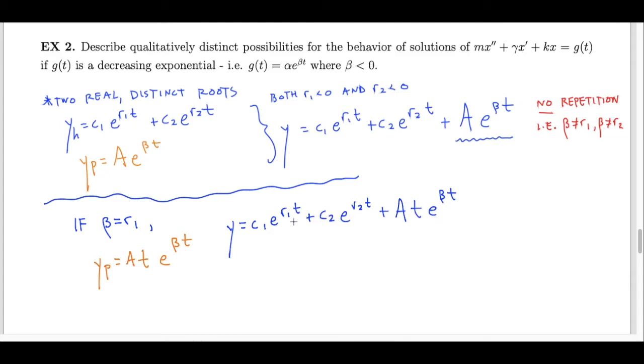It's still true that r1, r2, and beta are all negative, but introducing this t as a sort of coefficient on this exponential leads solutions to grow away from zero for small t values.